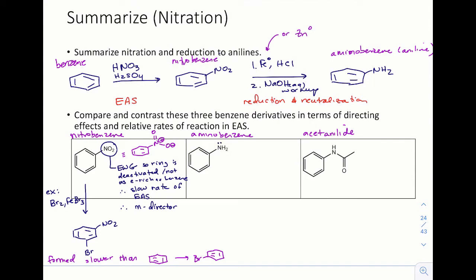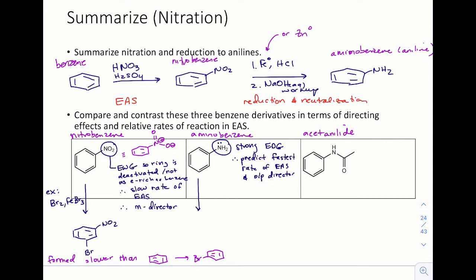The amino group in aniline, aka aminobenzene, is certainly a strong electron donating group. So we might predict the fastest rate of additional electrophilic aromatic substitution. But in real life, electrophilic aromatic substitution reactions of anilines are really complicated, because the amino group is such a strong electron donating group and it's so Lewis basic.